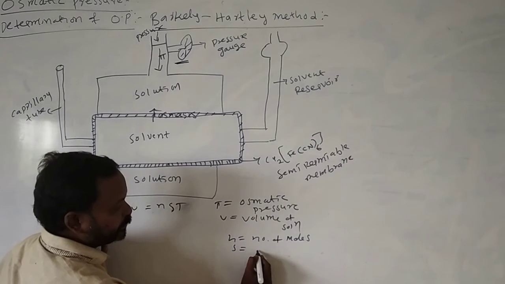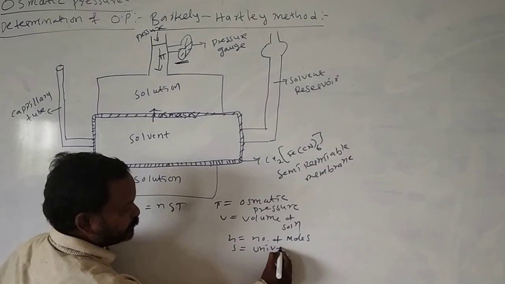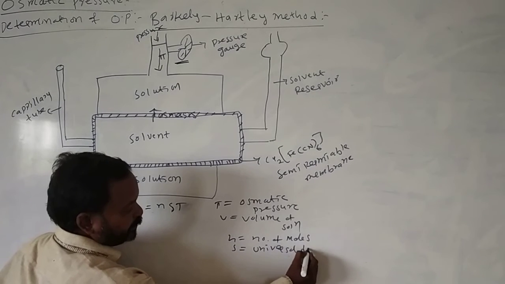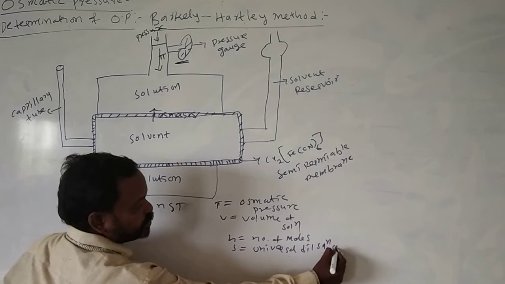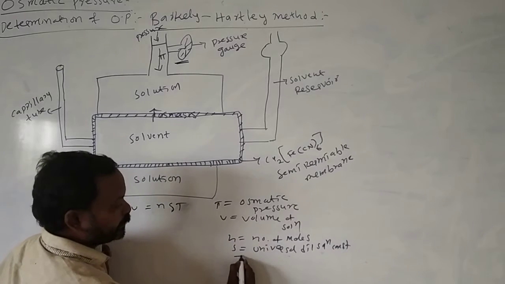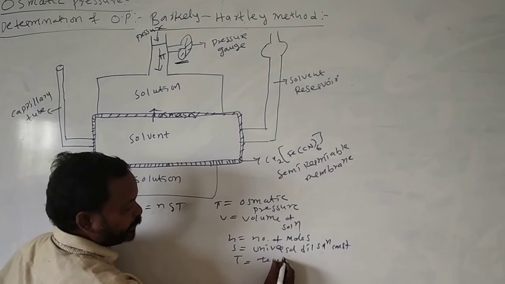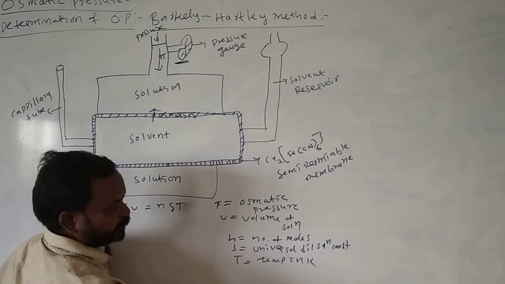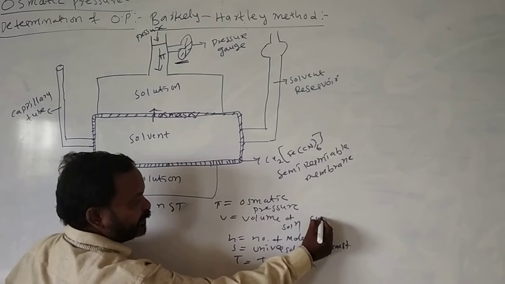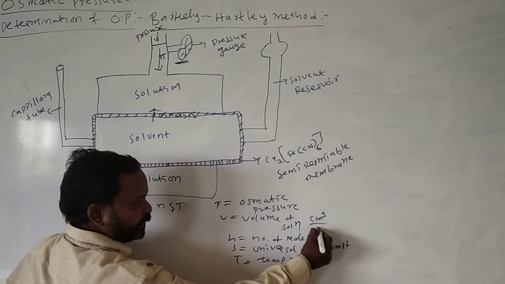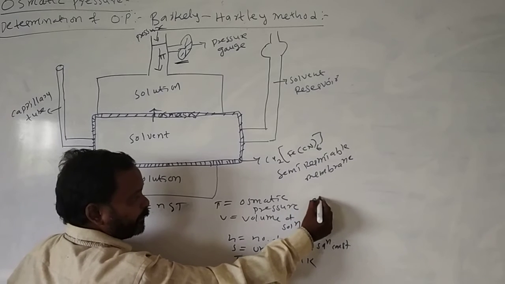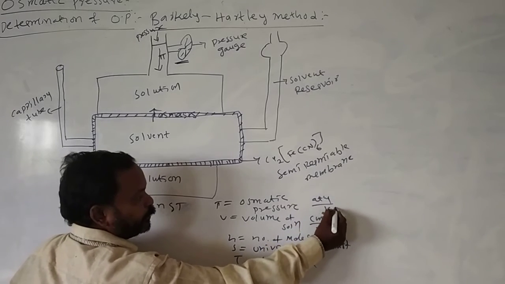S is the universal dilute solution constant. T is the temperature in Kelvin. Volume is in cubic centimeters or liters, and osmotic pressure is in atmospheres or kilopascals.